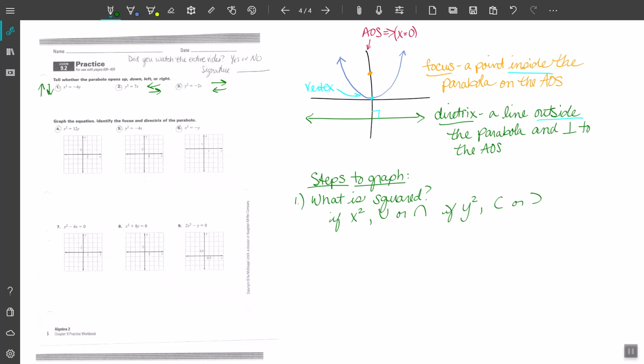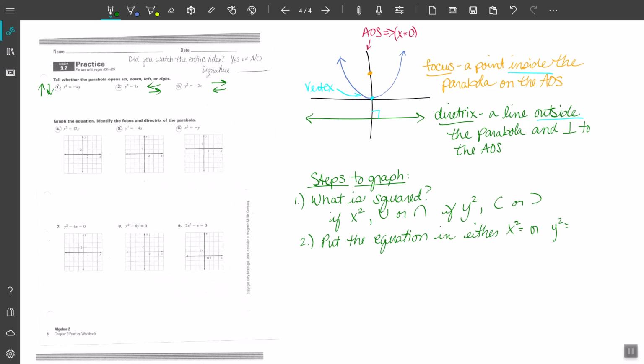Now, to actually decide which one it is, first of all, make sure that the equation is in the form either x squared equals something or y squared equals something. So put the equation in either x squared equals or y squared equals.